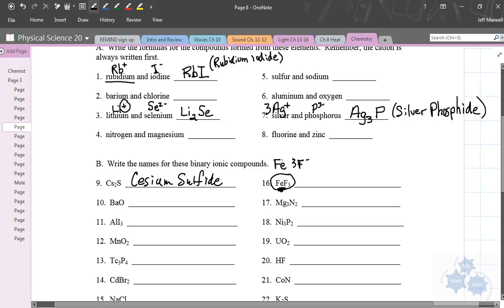So what charge does this one iron carry? Yes. Okay. So from the compound, you can tell which ion is being used. So this is iron(III). Make sure you put your Roman numeral in there. Fluoride. Yeah. The capital in the names is unnecessary. You can lowercase them. All right.